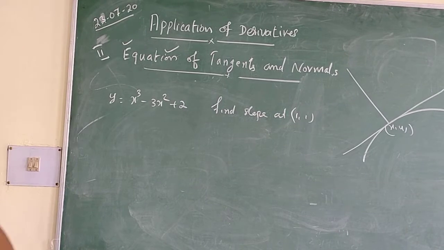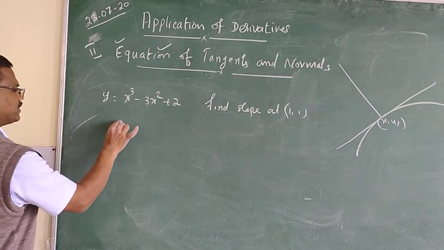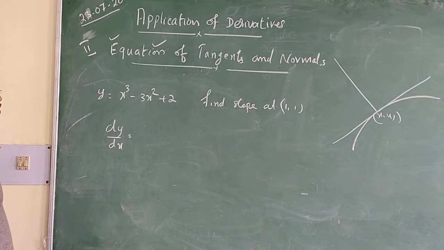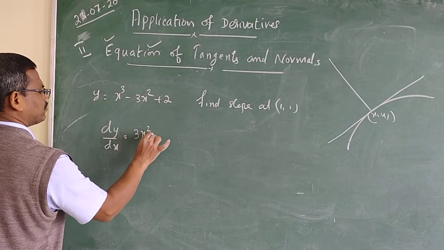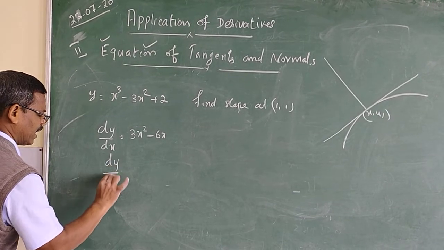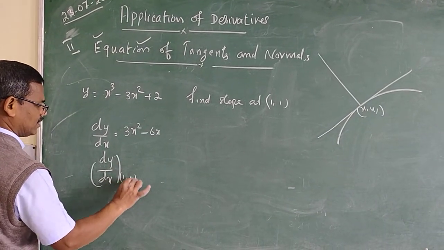You are given a curve and asked to find the slope at 1, 1. You know that the slope is dy by dx. So dy by dx is equal to 3x square minus 6x, and we have to find dy by dx at the point 1, 1.